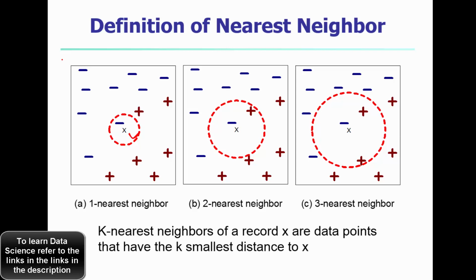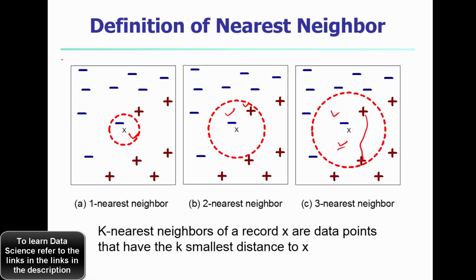Now we conclude that x is negative. Now just take k equal to 2. You cannot conclude because there is just one negative and one positive. Now you take k equal to 3. We've got 2 positives and just 1 negative. That means it turns out that x is positive.